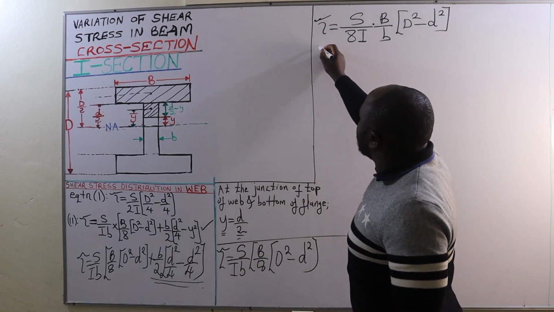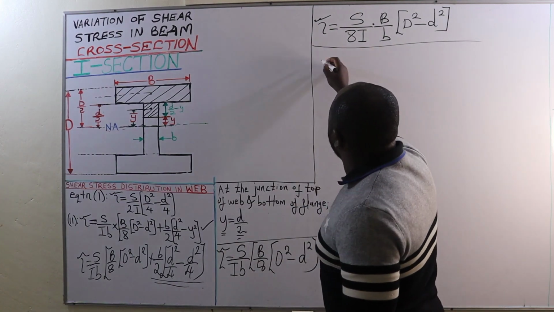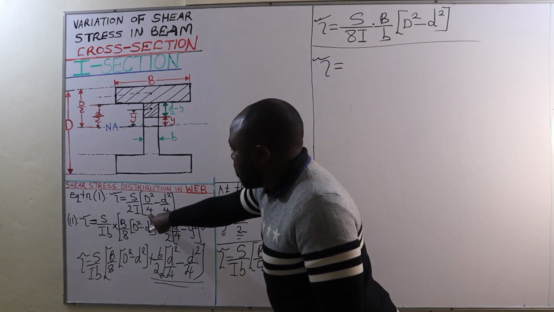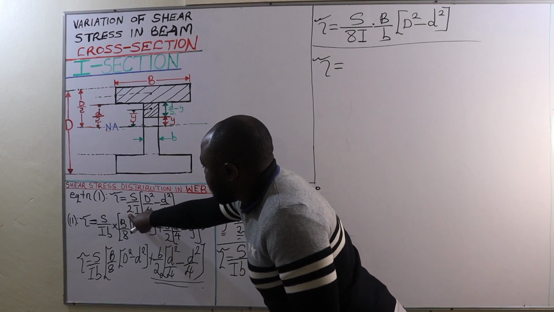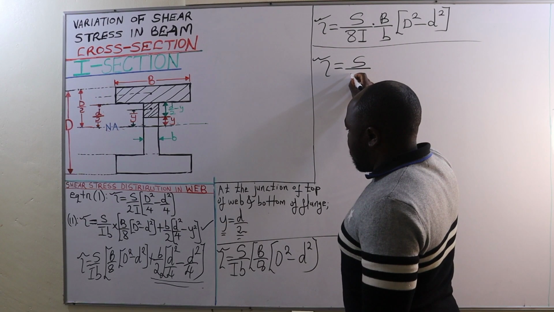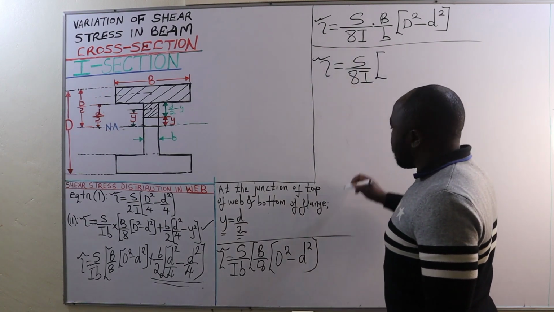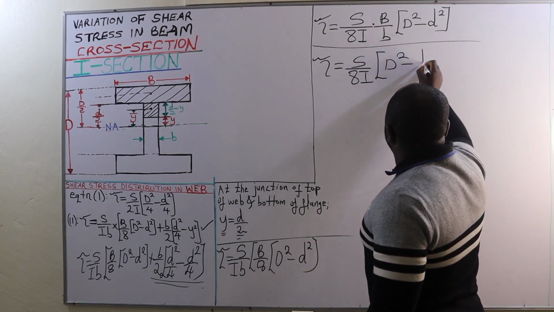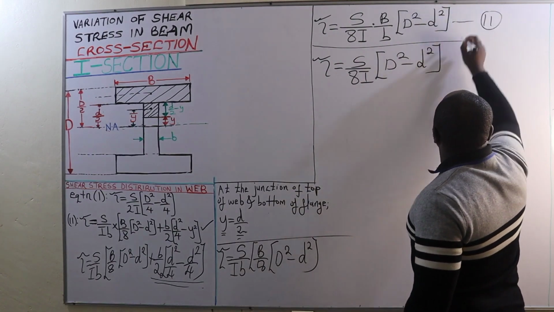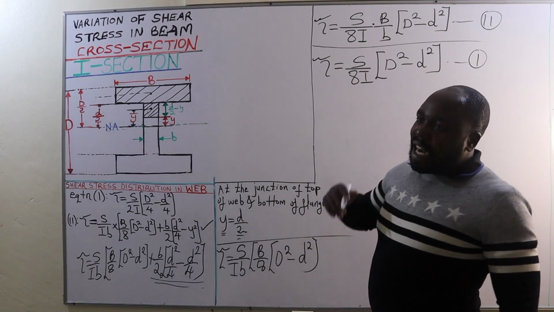So when we rearrange the equation, that is what we are going to have. For equation 1, we have shear stress being equal to, we can factor out 4, so that we have 4 times 2, that is 8. So that's S divided by 8I into D squared minus d squared.